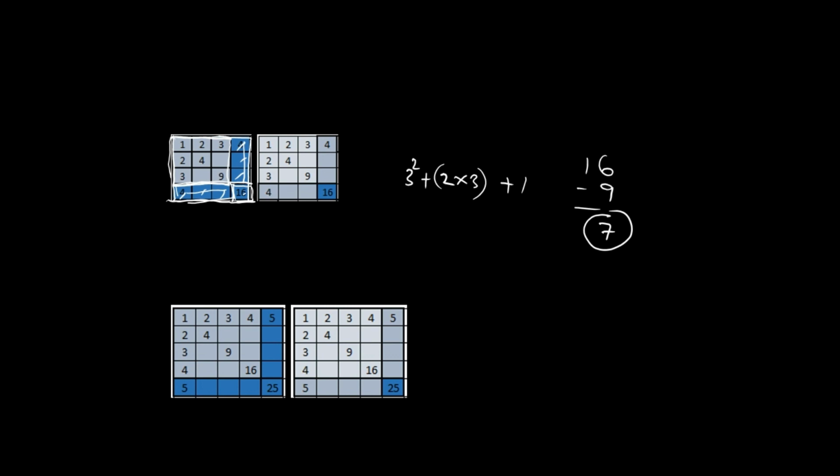Okay, so this should be 4 square. So this is 9 plus 2 times 3 is 6 plus 1. So 9 plus 9 plus 1 is 10, plus 6 is 16. This is 4 square.